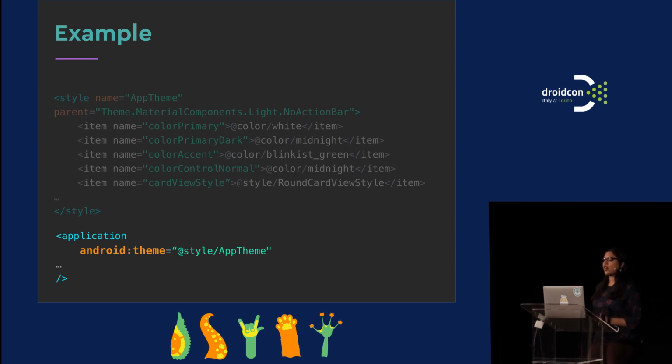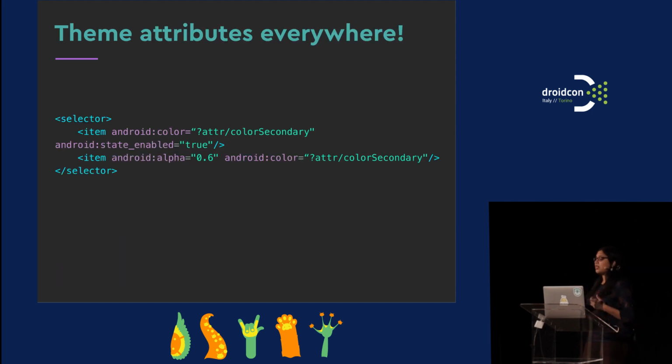And a very powerful feature that comes with theming is that you can pretty much use theme attributes almost everywhere. Color state lists, drawables, styles. And in this case, I'm using it in a color state list, and I'm saying, all right, when enabled, I want you to be color secondary. When disabled, I still want you to be color secondary, but with alpha 0.6.